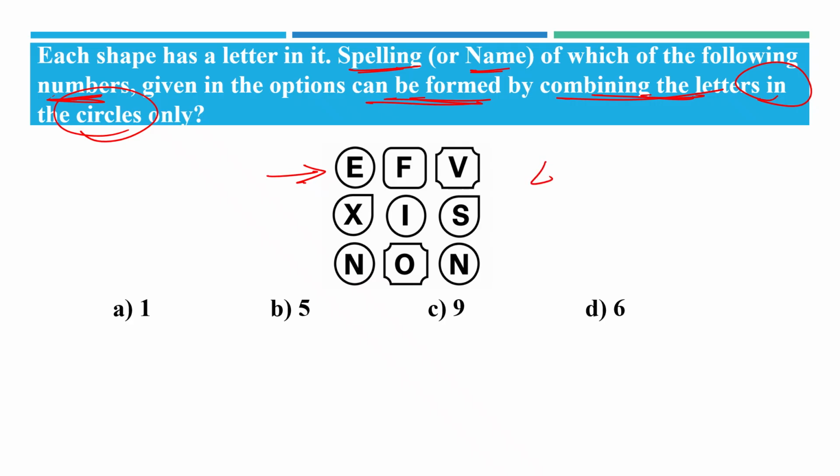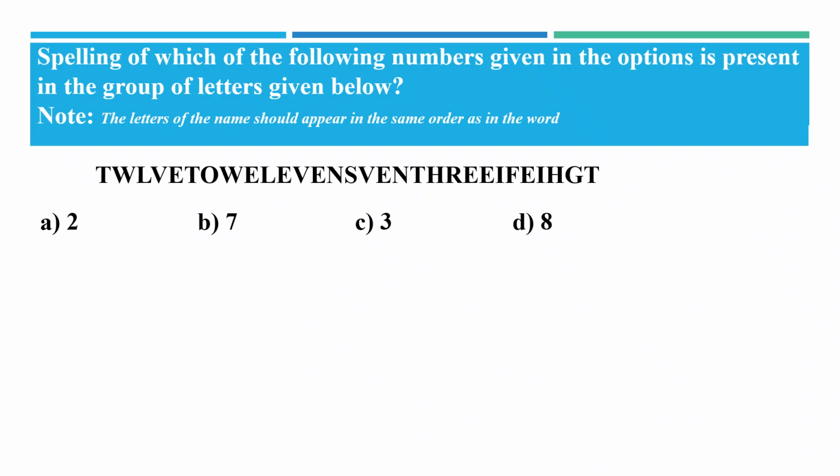I have E, I have I, I have N, and another N. Great, I believe you found the answer. It's gonna be 9. Nine. Great.